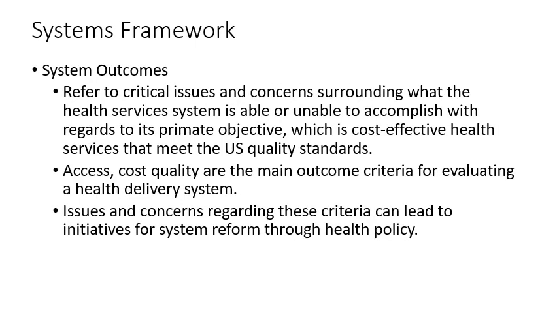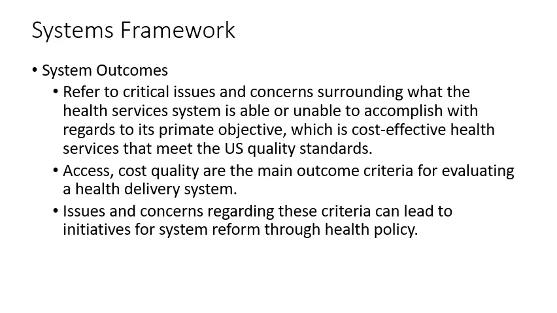System outcomes refer to critical issues and concerns surrounding what the health services system is able or unable to accomplish with regards to its primary objective, which is cost-effective health services that meet U.S. quality standards. So you want to make sure you use your money to the best of its ability and still maintain quality. Access, cost, and quality are the main outcome criteria for evaluating a health delivery system.